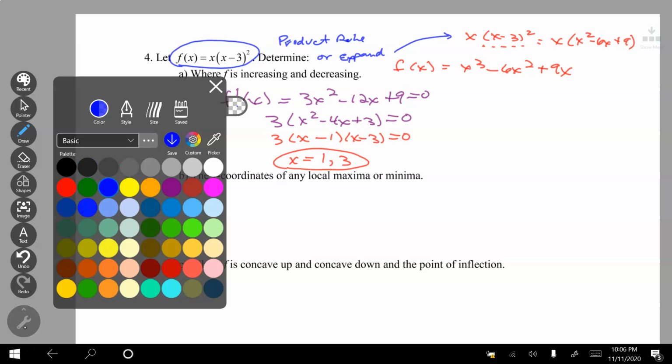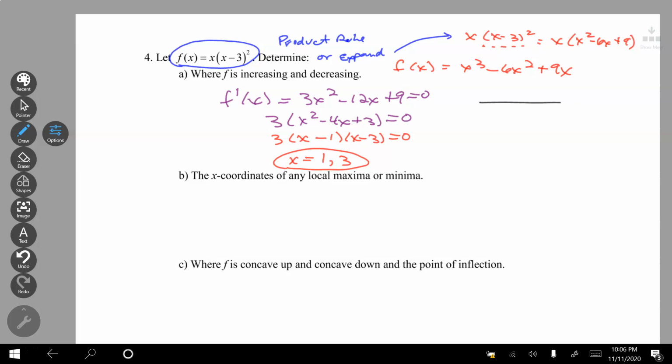But now I've got to make a number line. We'll do it in black. Here's my number line. 1 and 3 are my key points. My leading term for the derivative is 3x squared: positive, negative, positive. So I have an increasing part, negative infinity to 1, union 3 to infinity, and a decreasing part from 1 to 3.